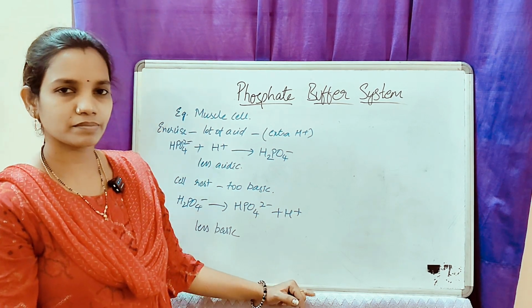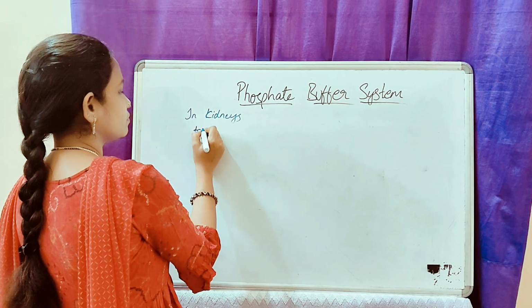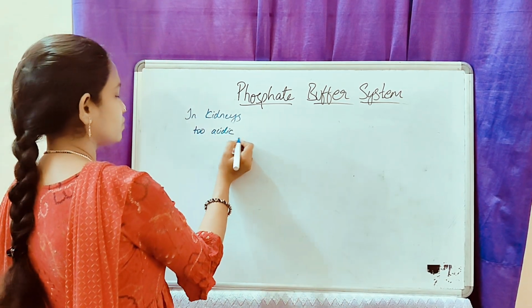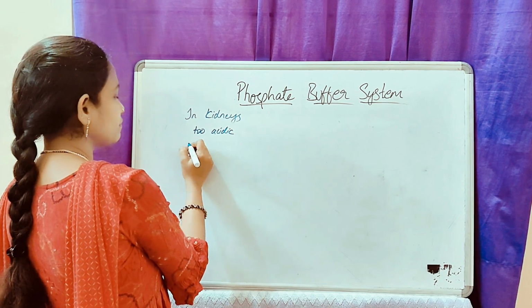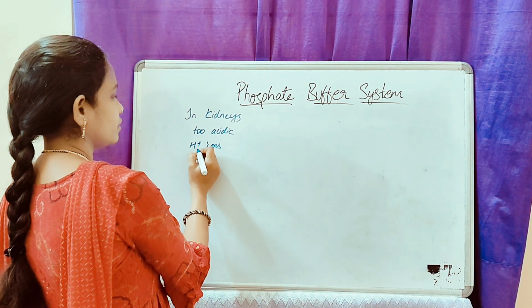Is it clear? In kidneys, when the blood is too acidic, what will happen? The phosphate buffer grabs extra H plus ions, meaning extra acid.